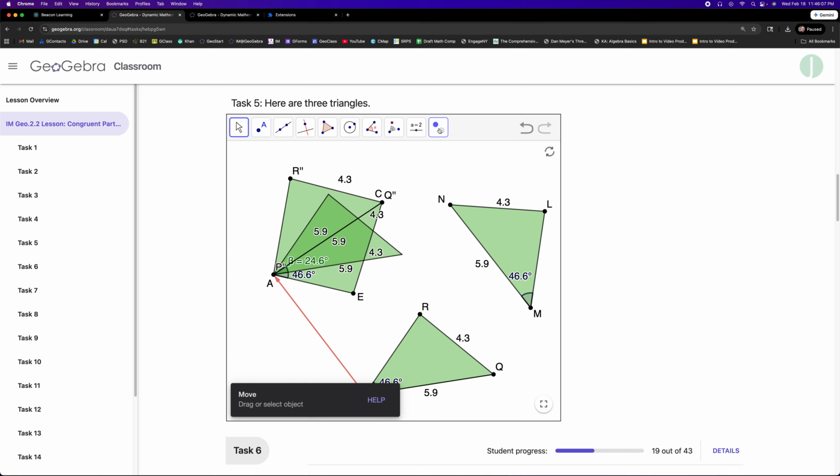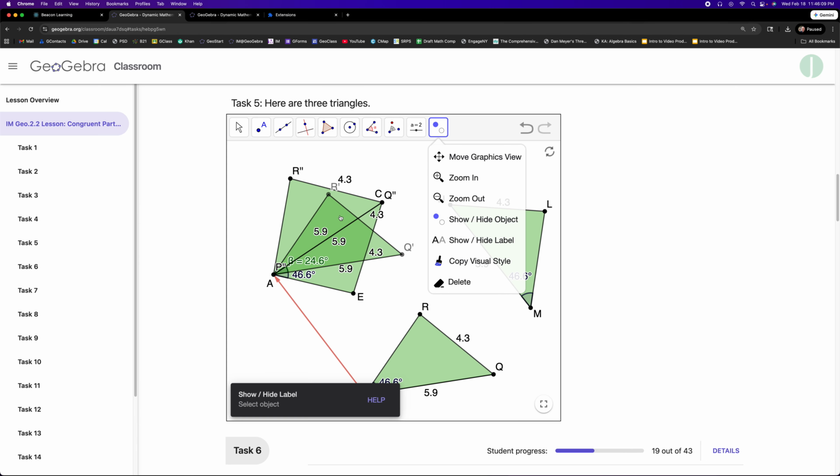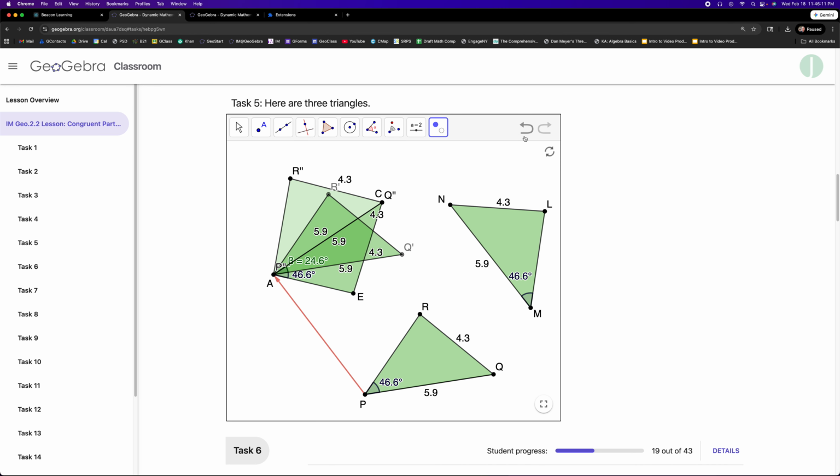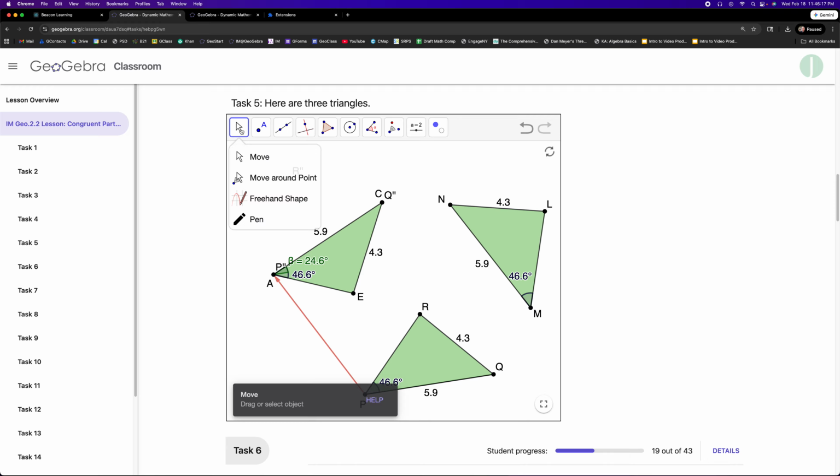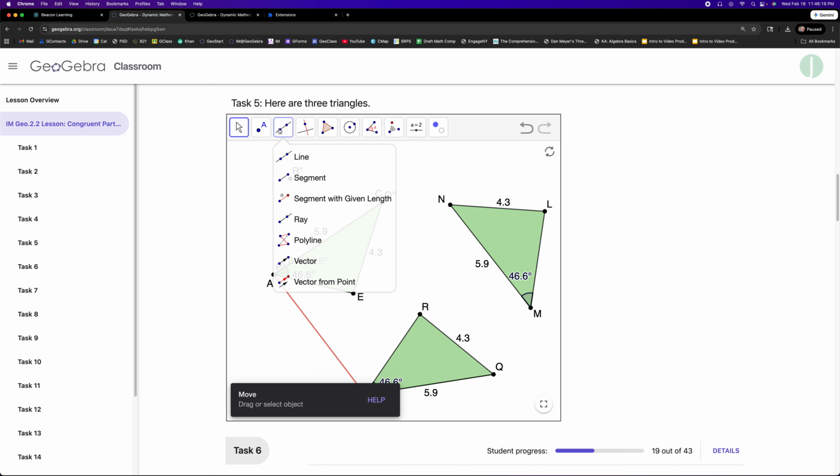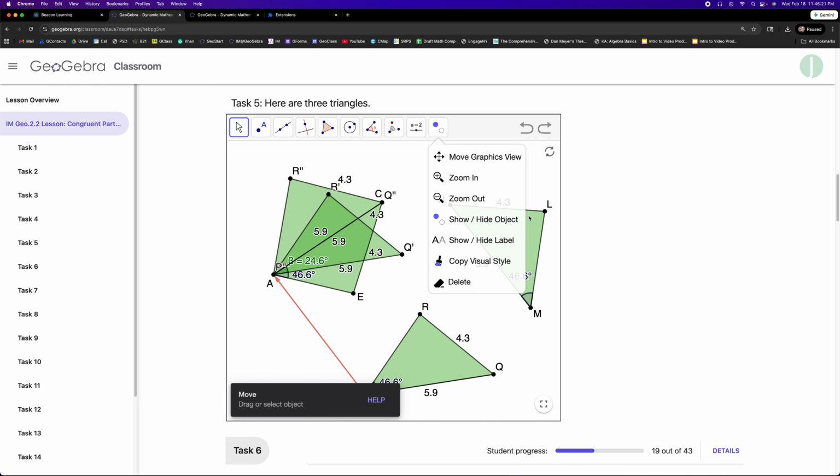Nope. Darn. Let's click on this triangle too. Nope, that's not what I wanted. We'll do this triangle right here. Yeah, there we go. Oh, it didn't do it. Wait, let's go back. How come it didn't do that for me? Did it before?